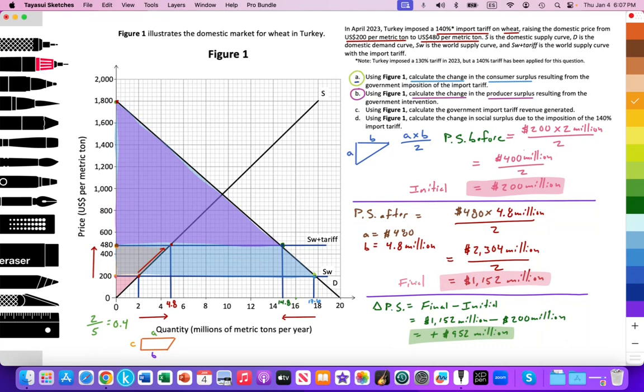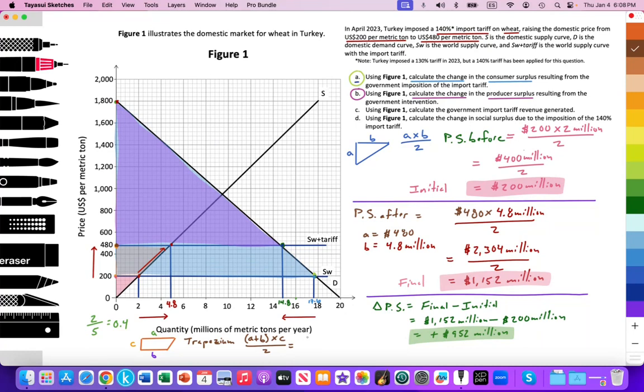And the trapezium formula, the surface area is going to be equal to A plus B times the height of C, and all of that divided by 2. And that should be equal to 952 million. So let's plug in the numbers. So A is 4.8 million.